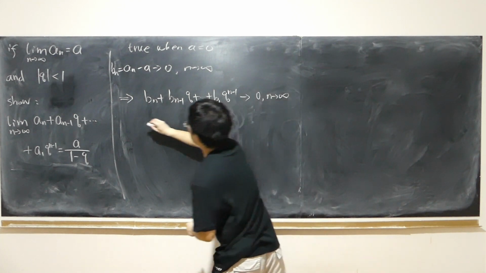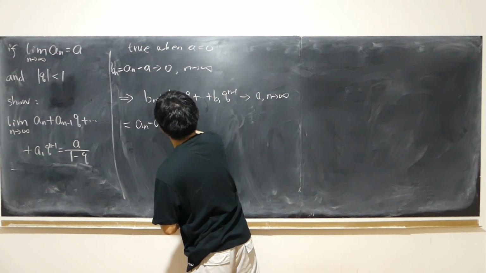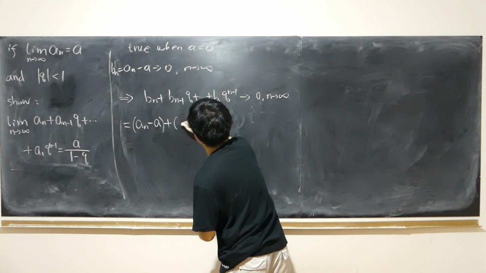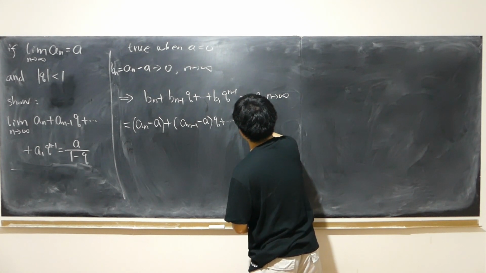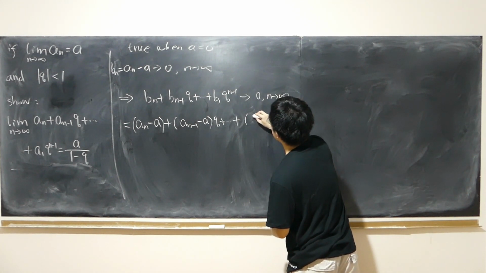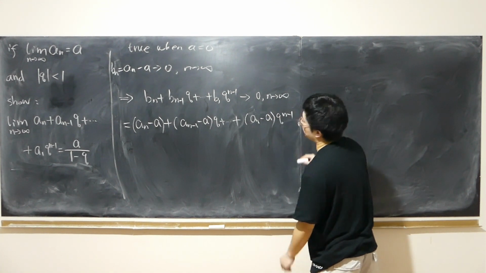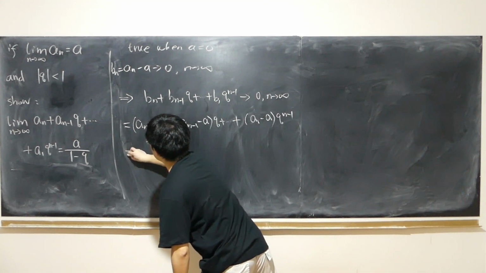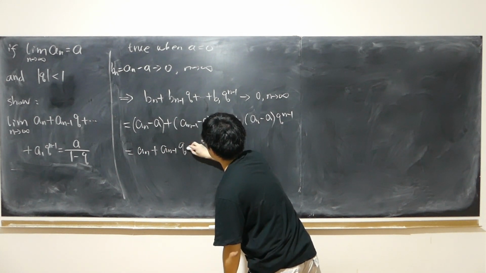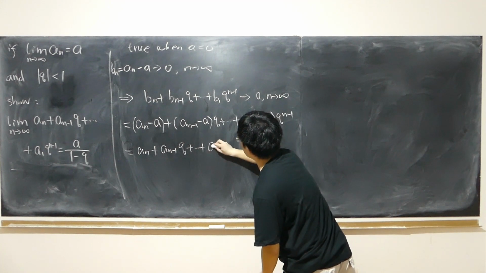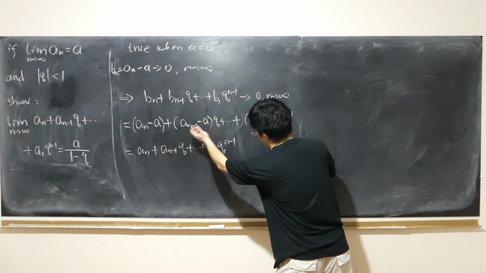But that can be written as a_n minus a plus (a_(n-1) minus a) times q all the way to (a_1 minus a) times q to n minus 1. But that can be written as a_n plus a_(n-1) times q plus a_1 times q to the n minus 1. I'm going to just expand everything out.